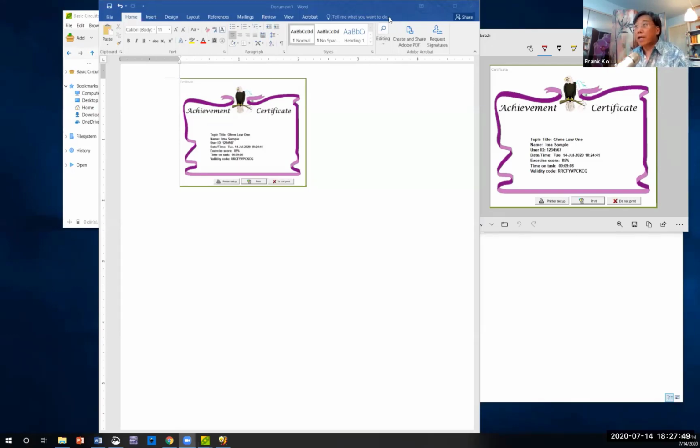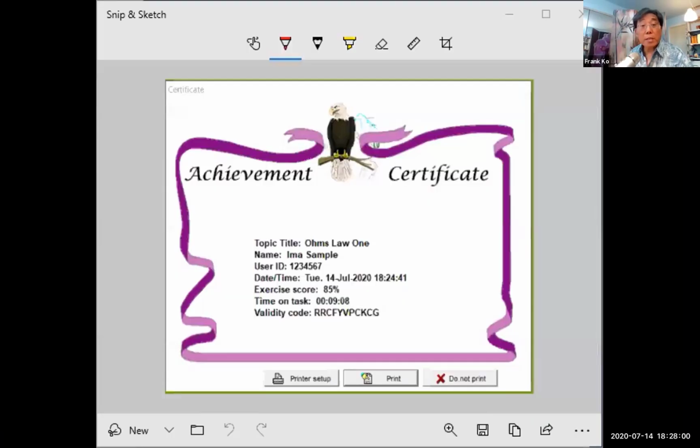If I come back to this one here, let's see if I hit print. Error printing, no. It doesn't give you the choice. In many instances when I hit print, I have an option to create a PDF just so that I can archive the document.